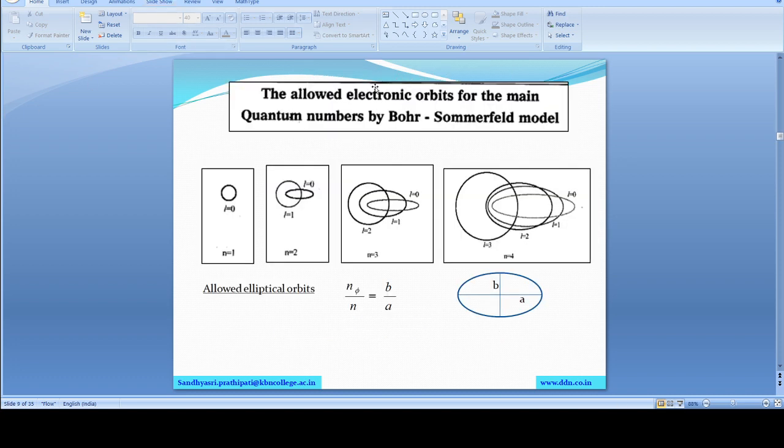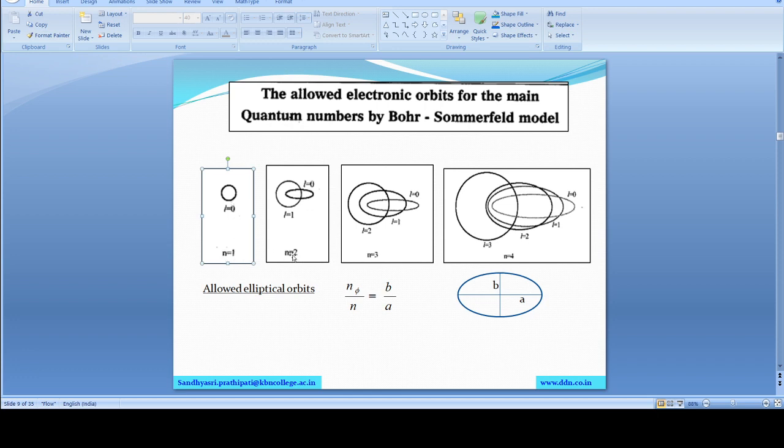The allowed electronic orbits for the main quantum numbers by Bohr-Sommerfeld model. For n is equal to 1, L is equal to 0. Why? Because he has given the new quantum number, orbital angular momentum quantum number L. The formula for L is n minus 1. Therefore, for n is equal to 1, L is equal to 0.